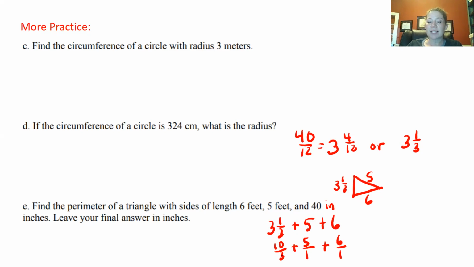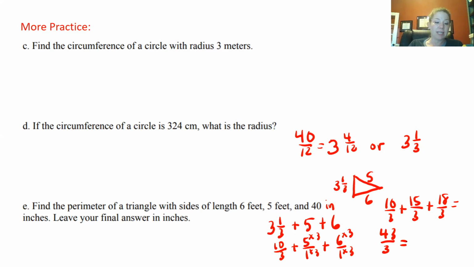Now, this is a 3, so we have to make these common denominators. We have to change the denominators to 3. So we're going to multiply the bottom times 3 and the numerator times 3. All right, so we have 10/3 plus 15/3 plus 18/3. So now we can add our numerators. We have 10 plus 15 plus 18, and we get 43.